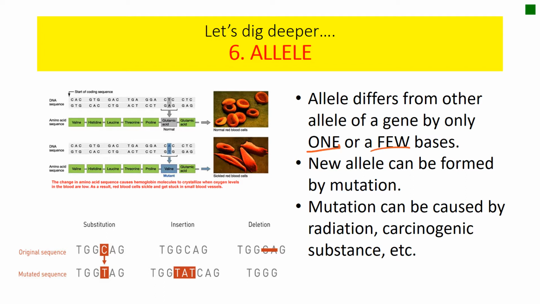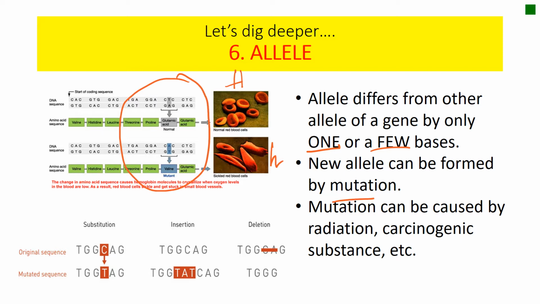It doesn't mean half of the bases of a gene differ in one allele compared to the other allele. No, it's simply one or a few bases. Like in the previous slide, you have seen that the difference between normal hemoglobin and sickle hemoglobin, the recessive one, is just one base. And it is caused by mutation.